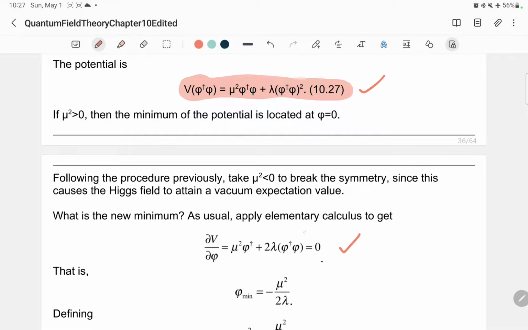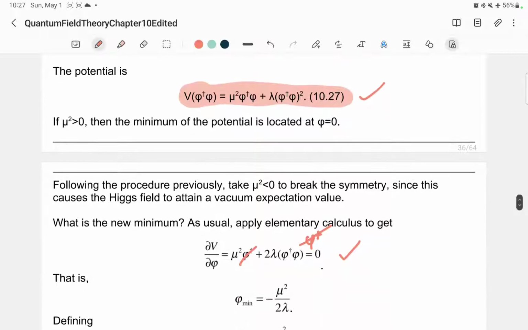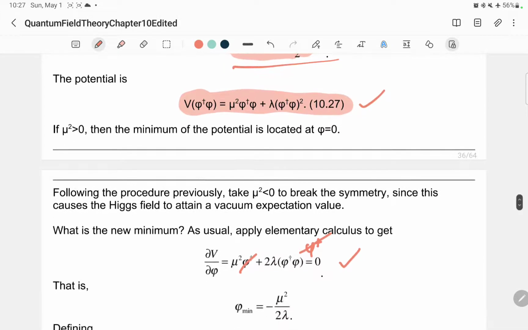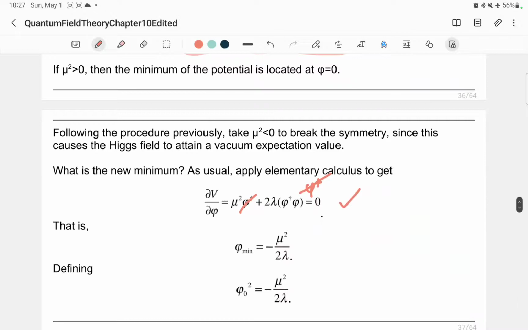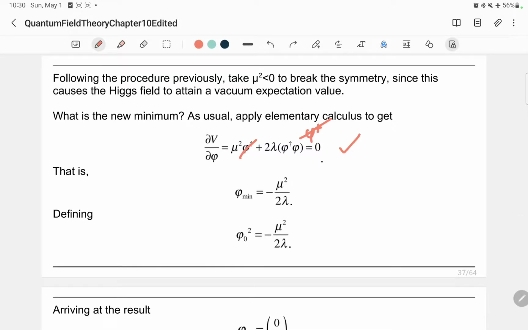So here actually you still have a phi plus here, which cancels with this, and then with our phi being this one, we would get phi mean square to be equal to negative mu square over 2 lambda.